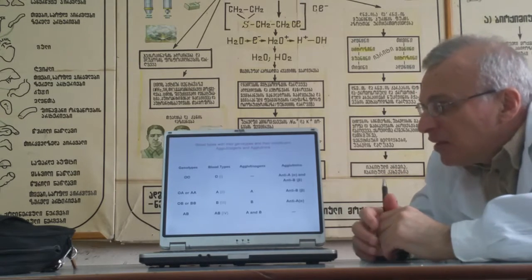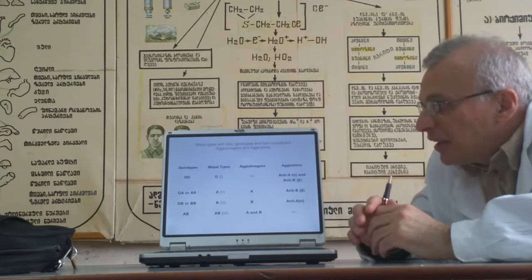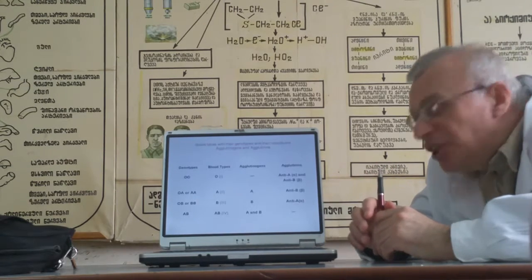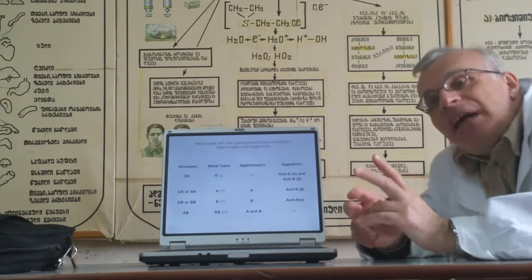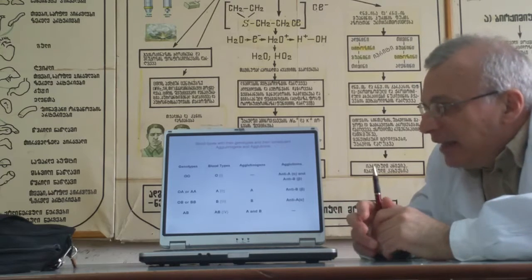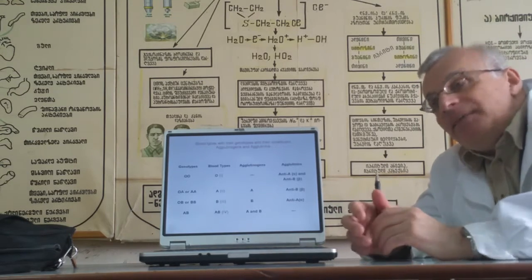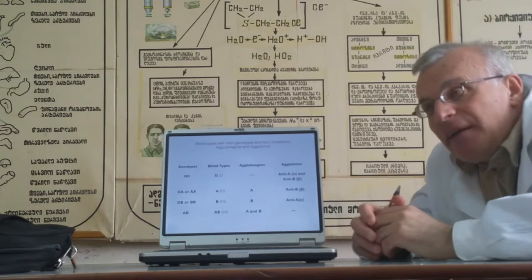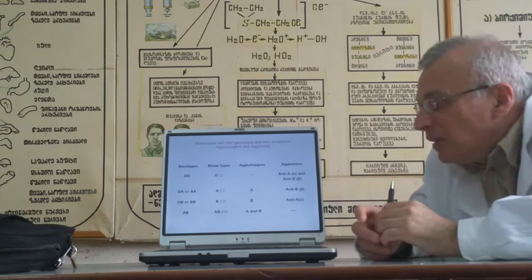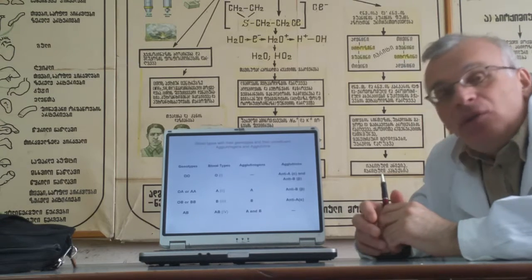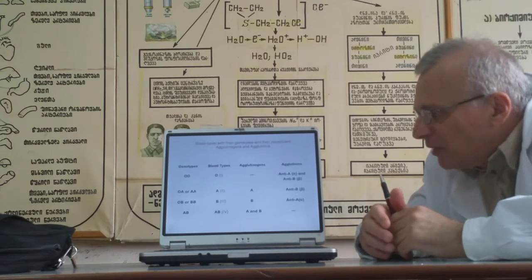These factors in erythrocytes, they call agglutinogens, and then they discovered 2 types of agglutinogens, A and B. But in plasma they later discovered antibodies, and they call them agglutinins. Maybe more or less you know about it.